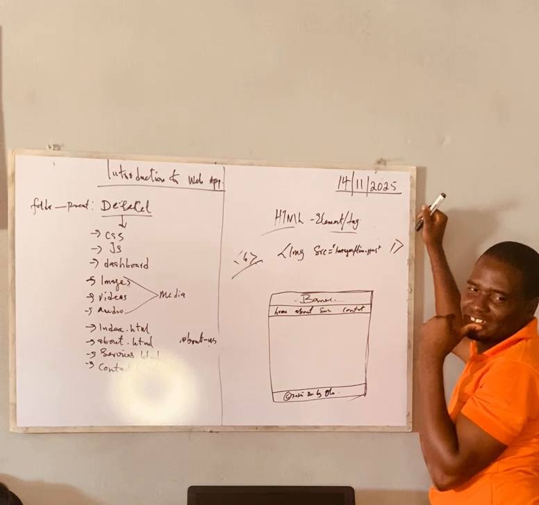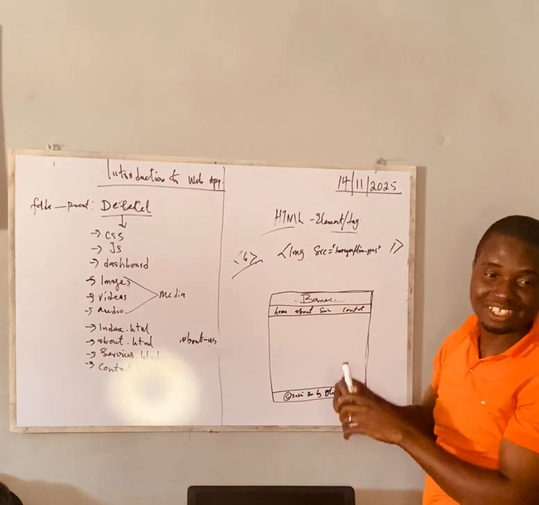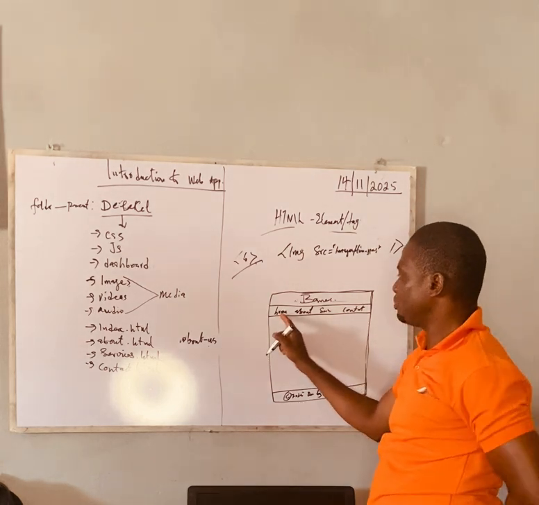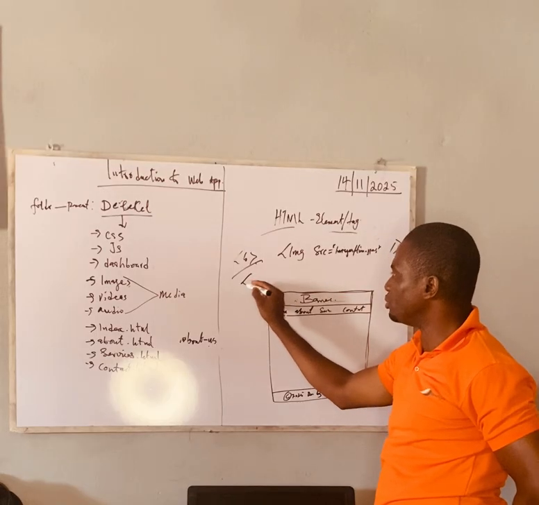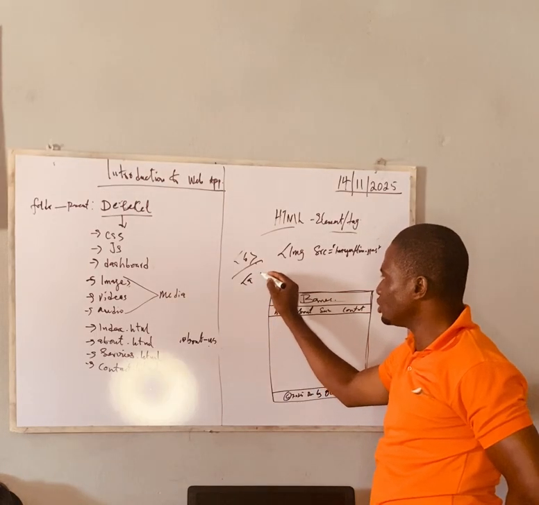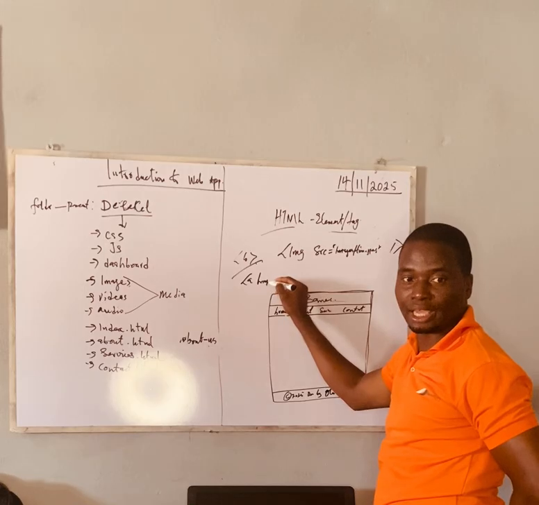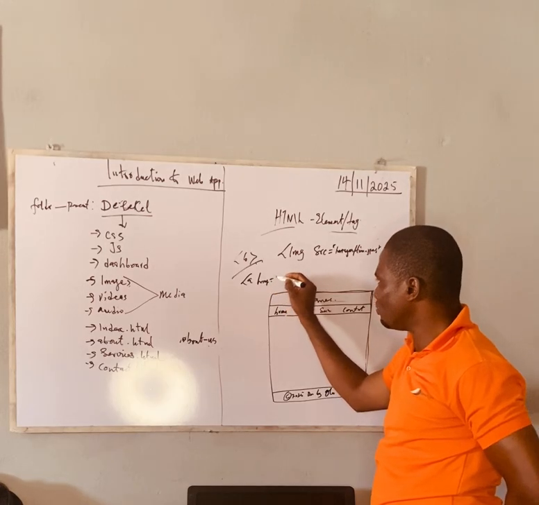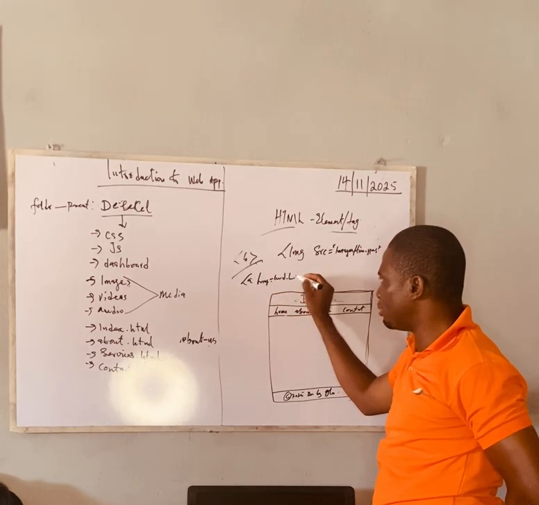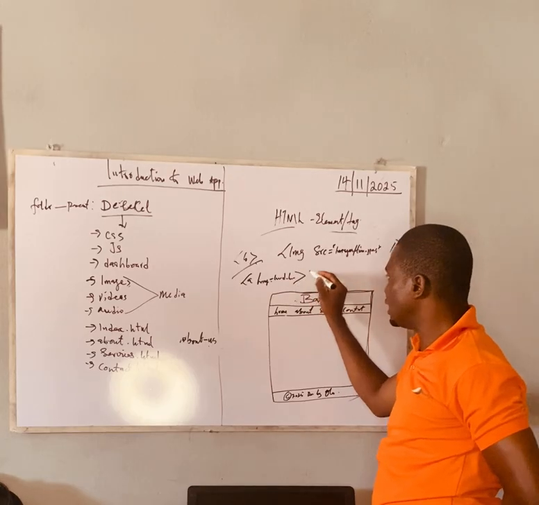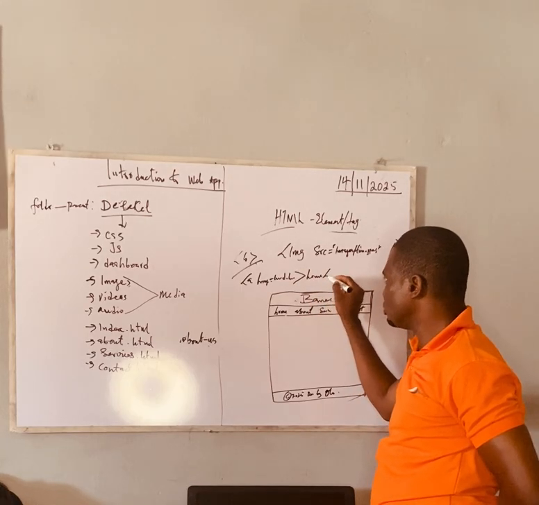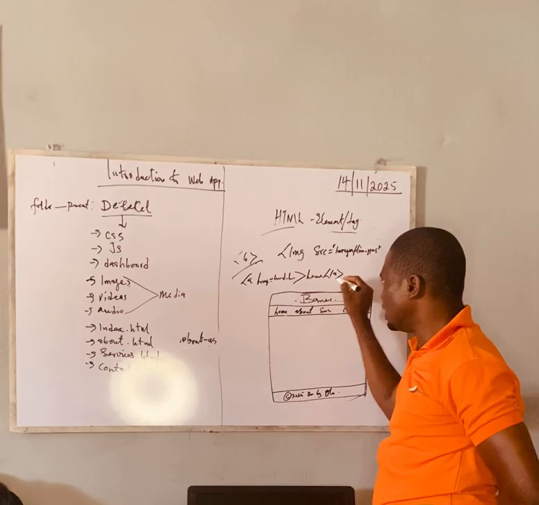Is it difficult? How to do it? Very simple. Here now, I'll do one for you. We give it the same reference, href to index.html. Are we together? Then you close it with home. You see? Close the anchor, the same thing.